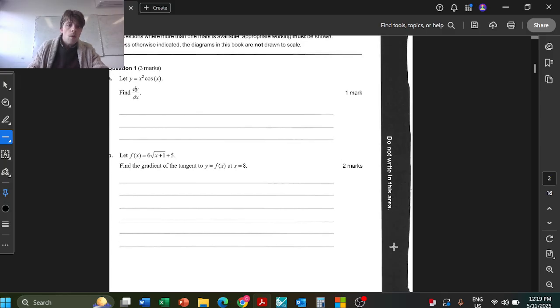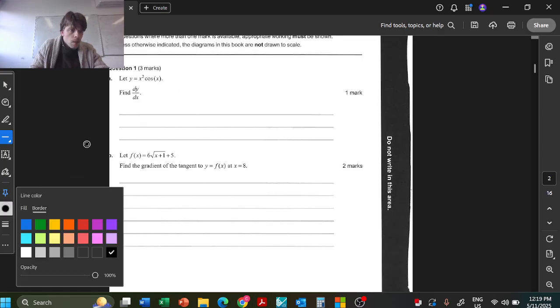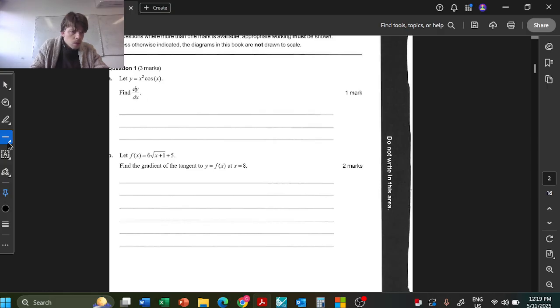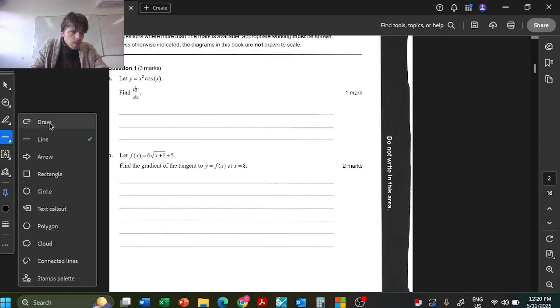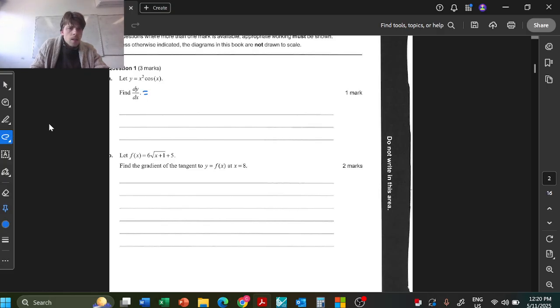So question one, we've got what we would usually expect for question one, which is some kind of chain rule question. To answer this, we apply the rule. This function is uv, so the derivative will be the derivative of u times v plus u times the derivative of v.